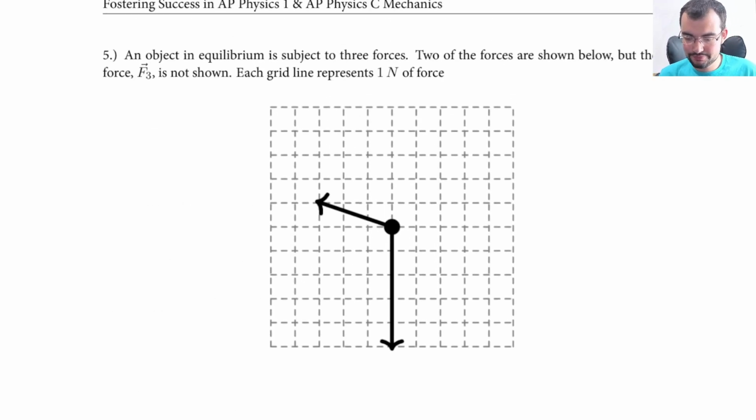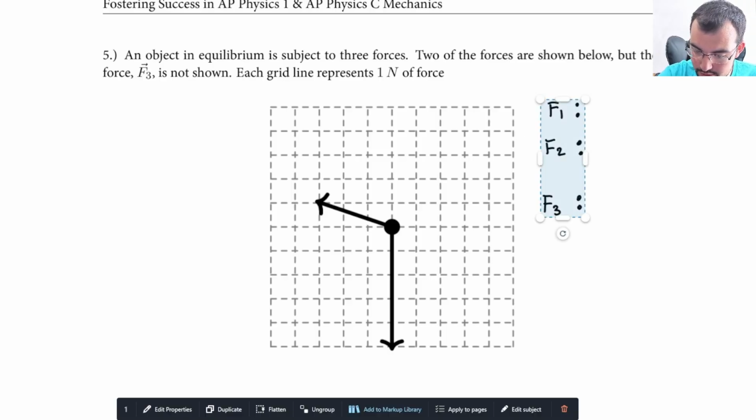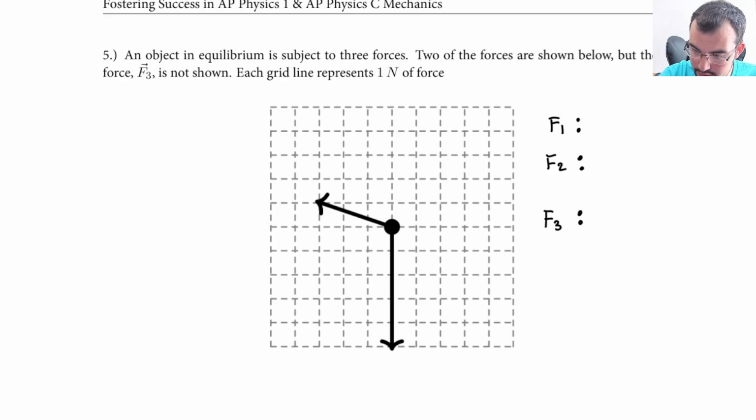So we need to think about this in terms of balanced, because it says the object is in equilibrium. So we can just say that we have three forces. It's going to bother me that this is a bit unaligned here.